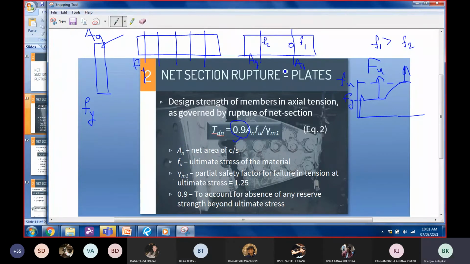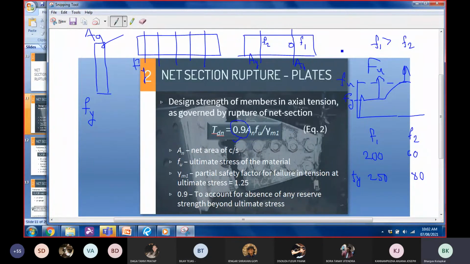As you load it, let us just look at numbers. I think it's easier to understand that way. These numbers are only indicative. They do not mean anything. When we start loading it, say F1 is 200 and F2 is around 60. We load it further. F1 reaches 250. This has reached 80. So this has already reached yield stress.